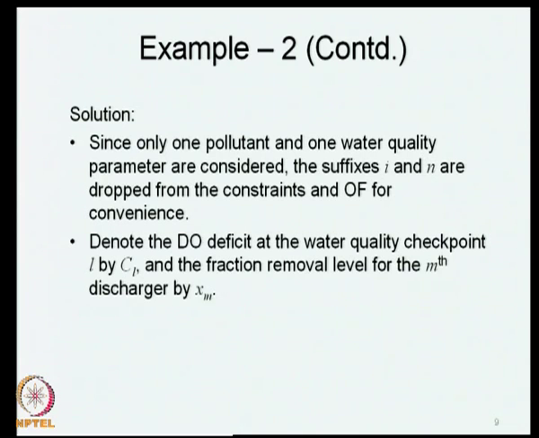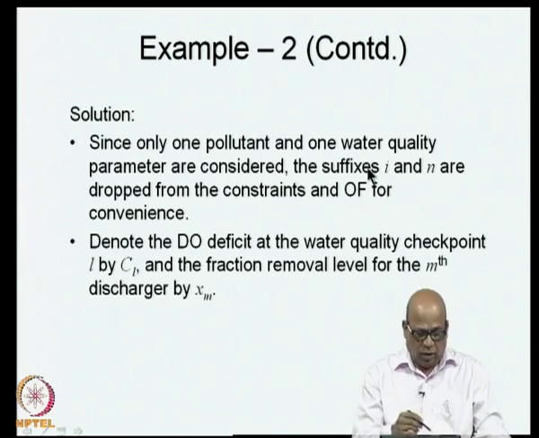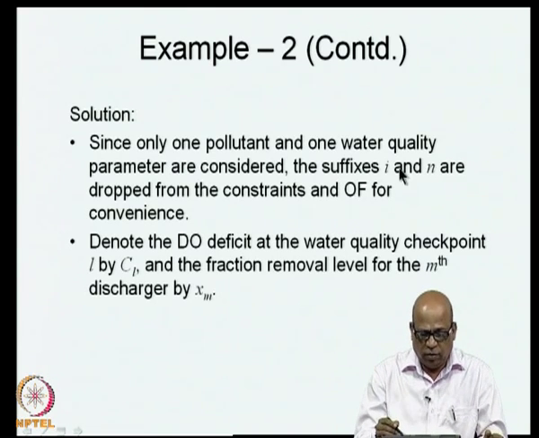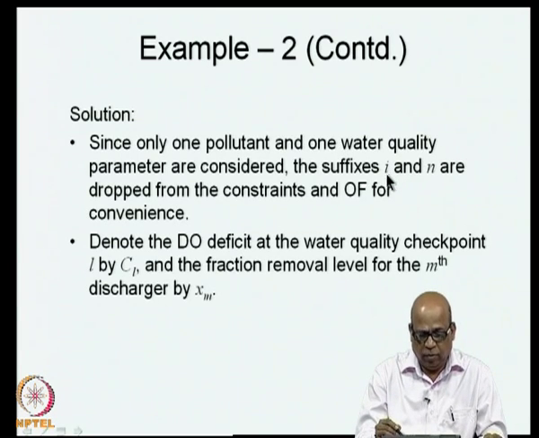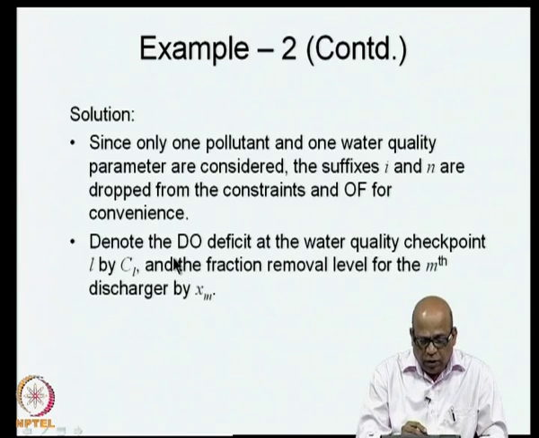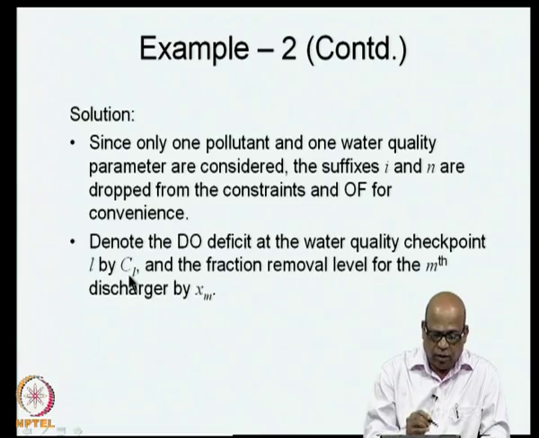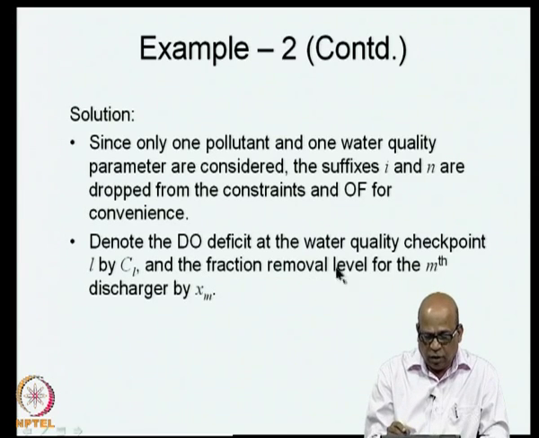All right. Now, since only one pollutant and one water quality indicator are there, we will simplify the notation by removing the indices I and N, because I is 1 here, only DO deficit, and N is only one pollutant, namely BOD. Therefore, we will remove I and N. So, we will denote the DO deficit at the water quality checkpoint L by CL and the fraction removal level for the Mth discharger by XM.